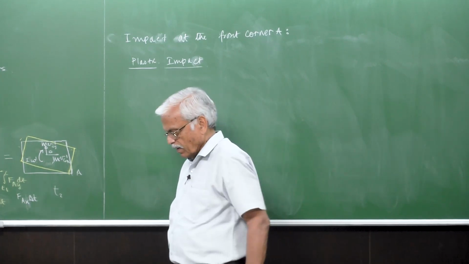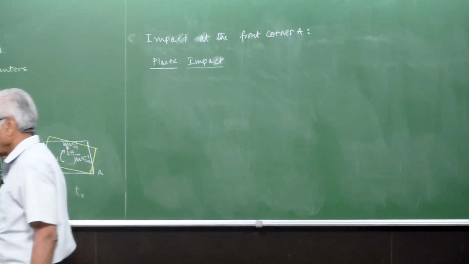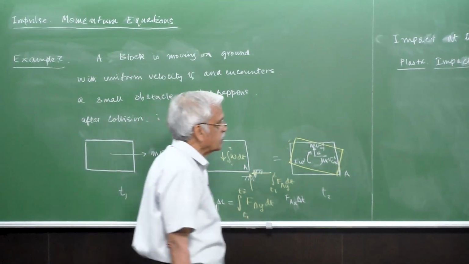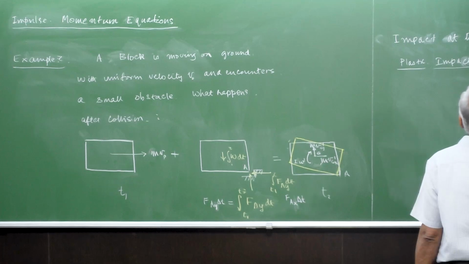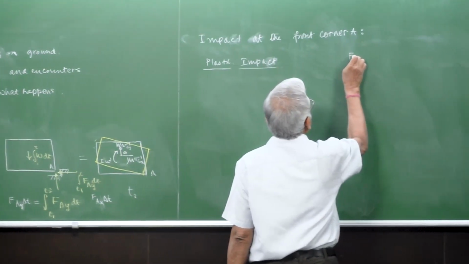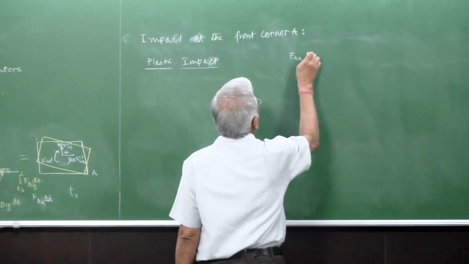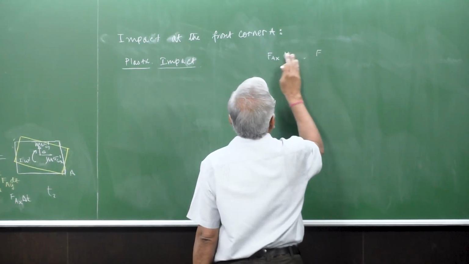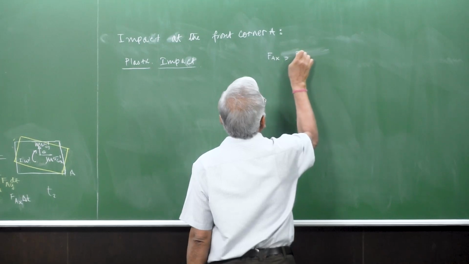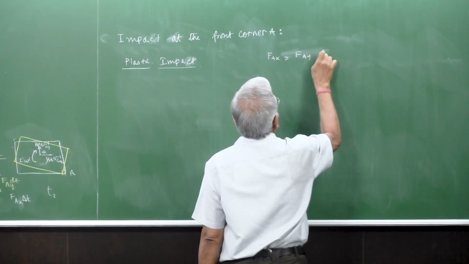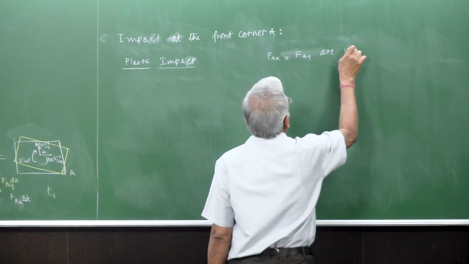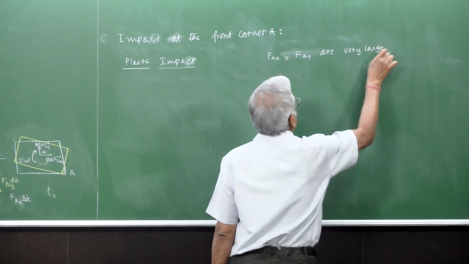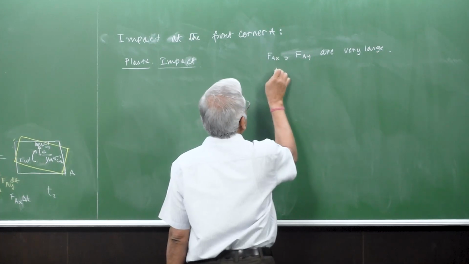Okay. So what we would like to do is to make the equations. Let's also say that Fax and Fay are very large and delta t is small.